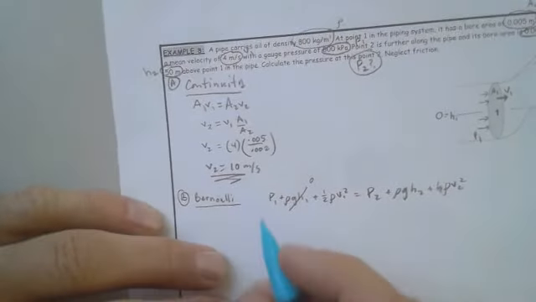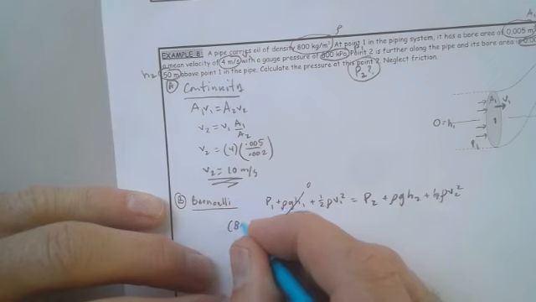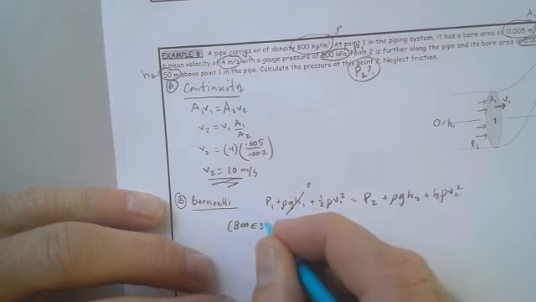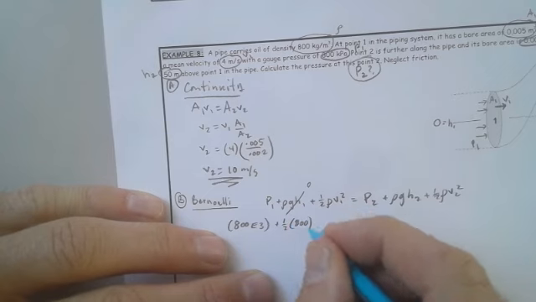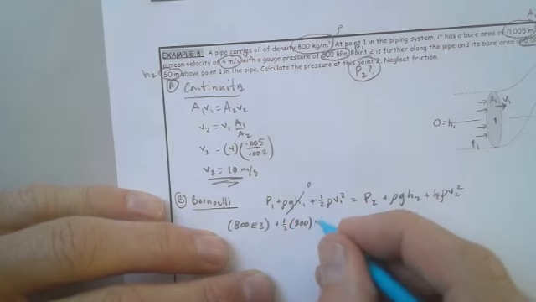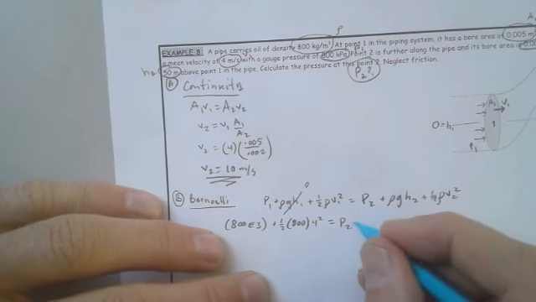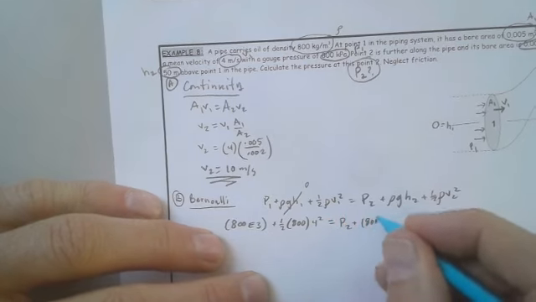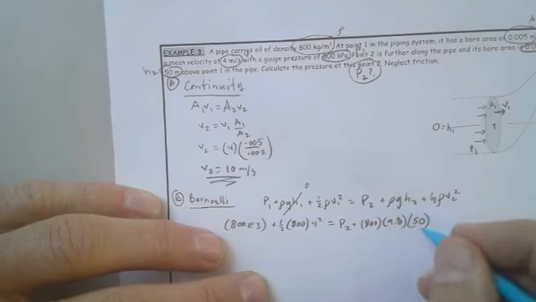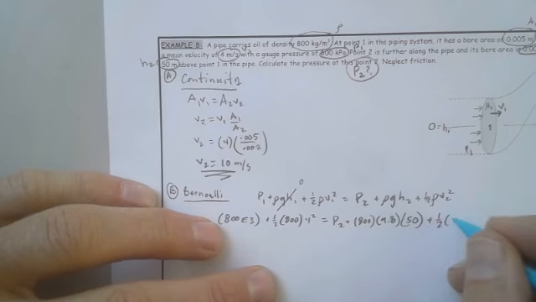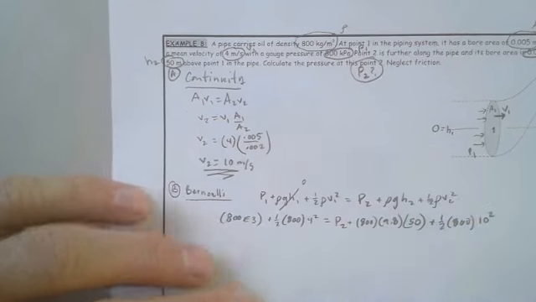All right, so I'm just going to put in some numbers that we're given. I have 800 times 10 to the third for 800 kilopascals, plus 1/2 times 800, our density, times 4 squared, equals P2, which we're looking for, plus 800 for our density times 9.8 times our height of 50, plus 1/2 times 800 for our density times 10 meters per second, which we figured out, squared.